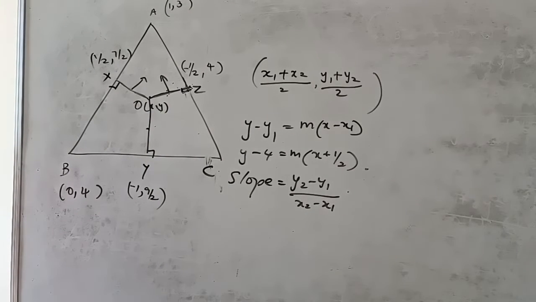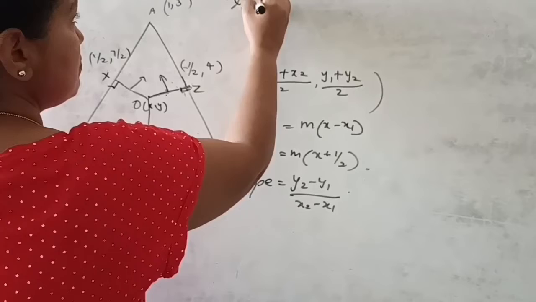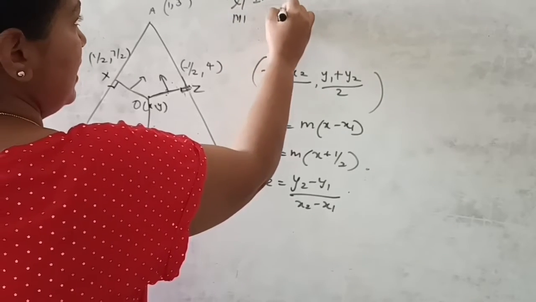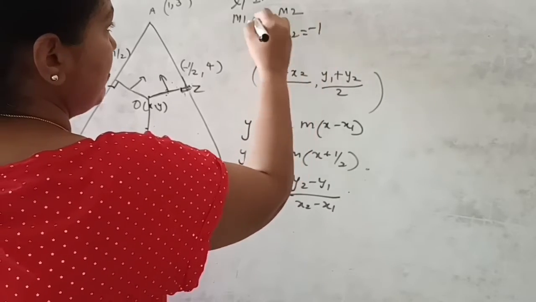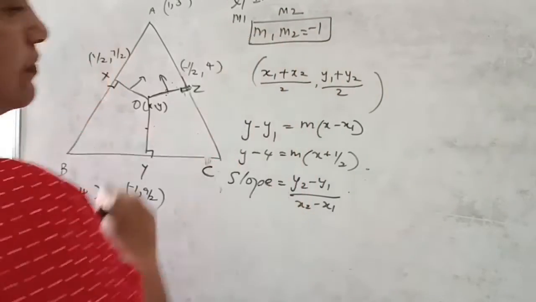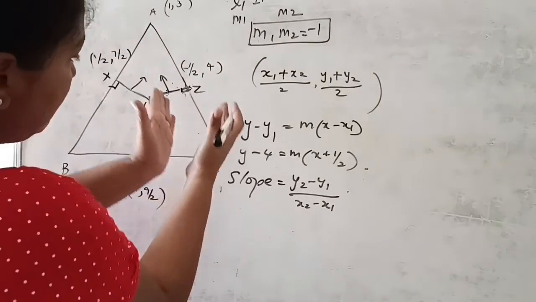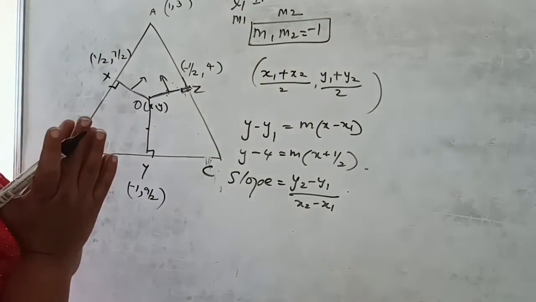Correct? The product of the slopes of two perpendicular lines will always be equal to minus 1. So, if I have got line 1 which is perpendicular to line 2 and they have slopes m1 and m2, the product m1 m2 will be equal to minus 1. So, I know that the slope of AC multiplied by the slope of OZ will be equal to minus 1.